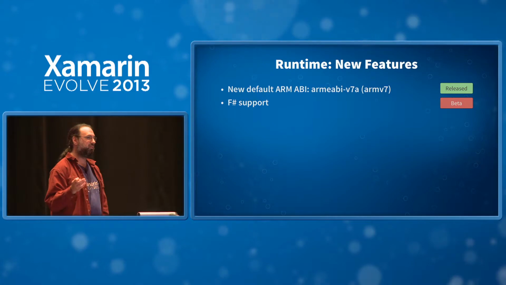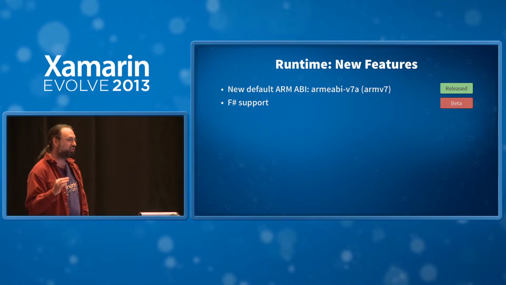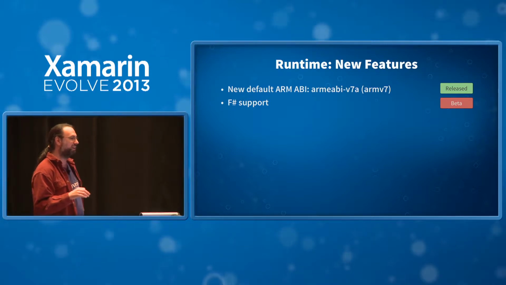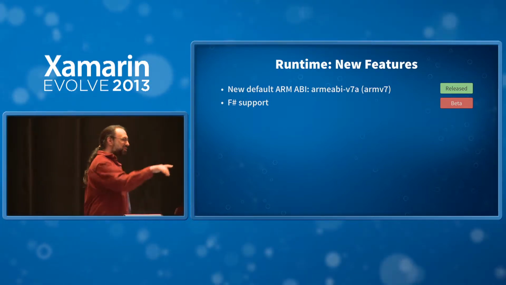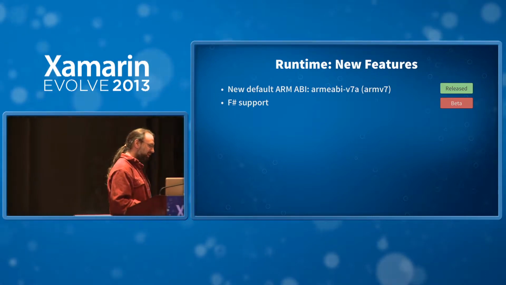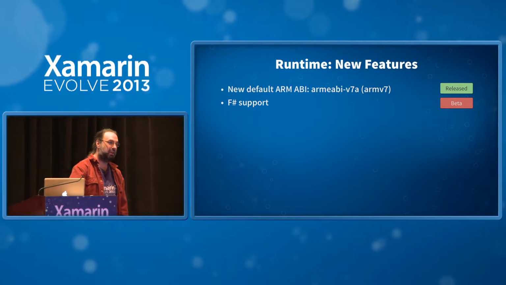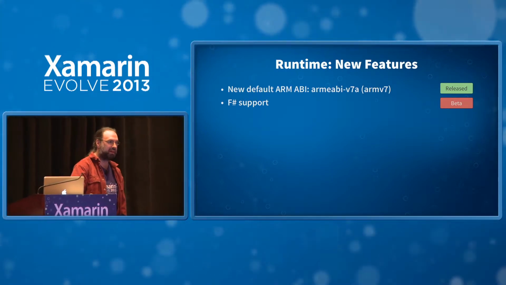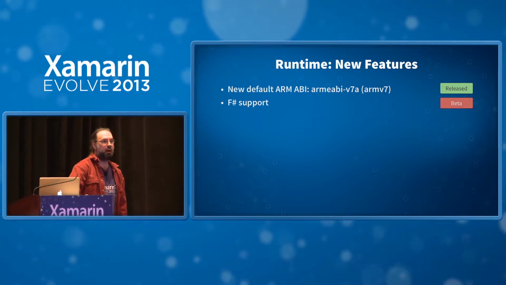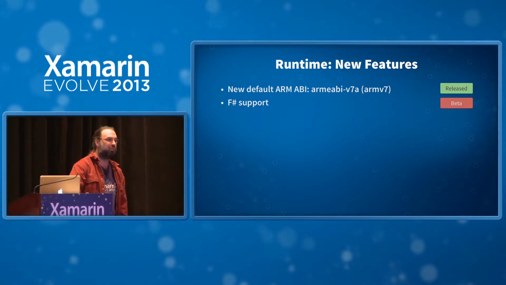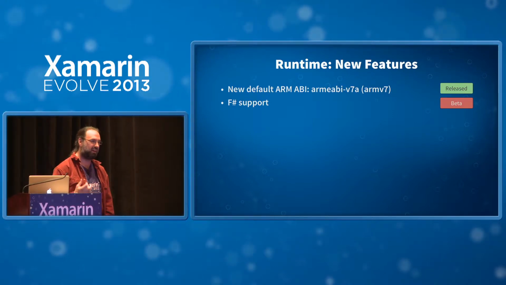If you're shipping something that only has ARM v5 support, you are going to get strange, bizarre, impossible to happen errors, and you're going to wonder why. This is why, because you're using the wrong default ABI. Now, you can embed multiple ABIs into your app package. It's in the project options page. But we wanted to stick to just one default, because each time you add an ABI, it makes the APK size bigger.